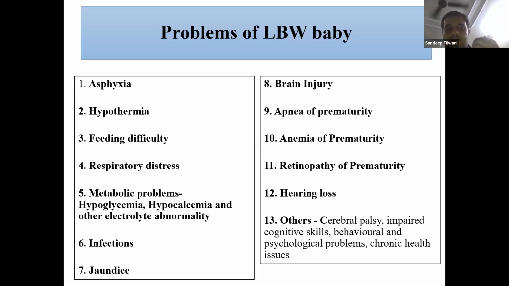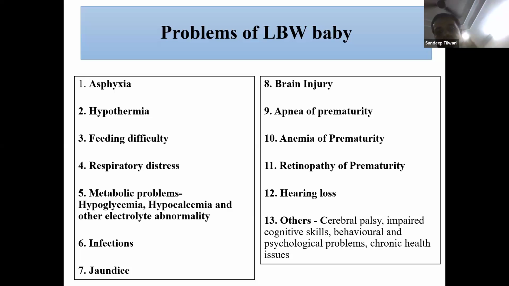A term baby is more protected from infections as compared to a preterm baby. Why? Because the immunity in a term baby is relatively good. Most of that immunity in a term baby is passive immunity, that is, the baby acquires that immunity from the mother.